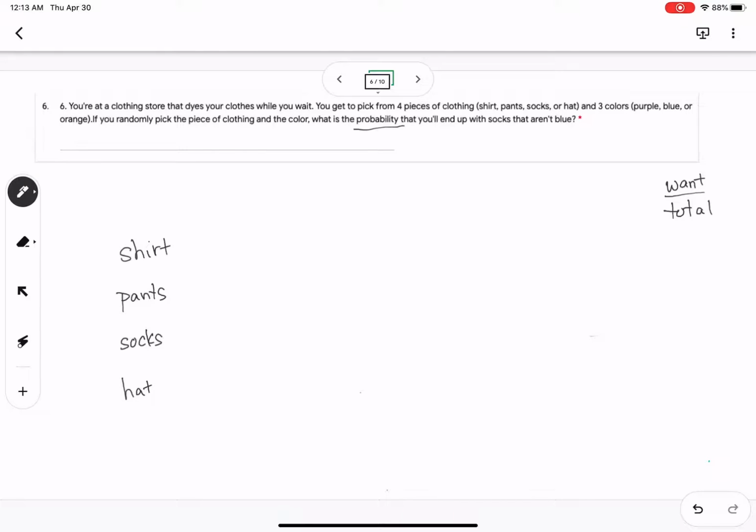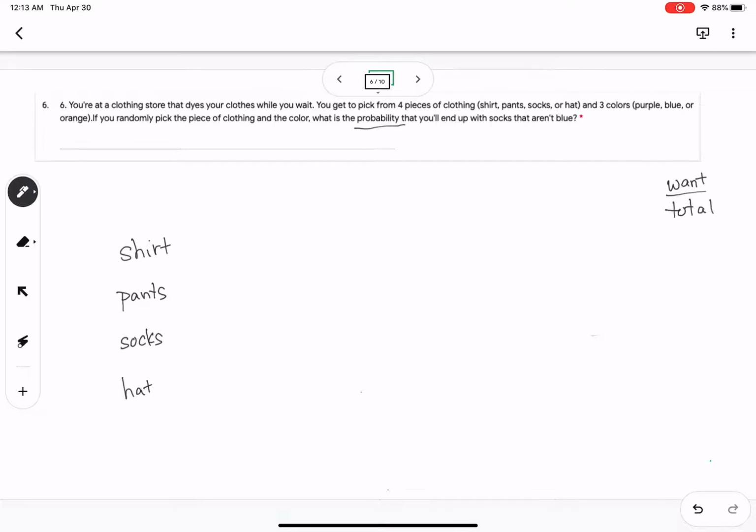The colors he could get each of those in are purple, blue, or orange.